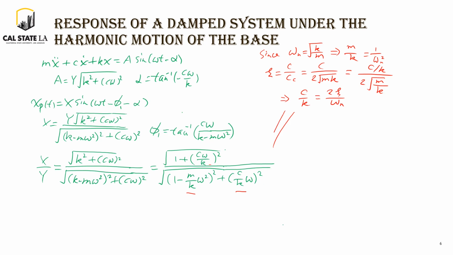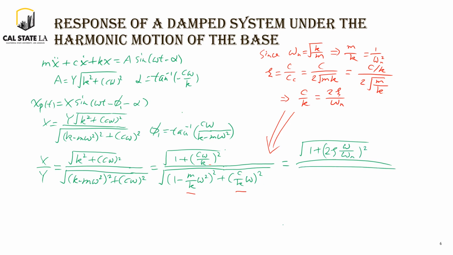We're going to plug this into the expression over here and continue from there. The numerator now becomes 1 plus c over k times omega. We have c over k there, which will be replaced by 2 zeta over omega n, times omega, right?